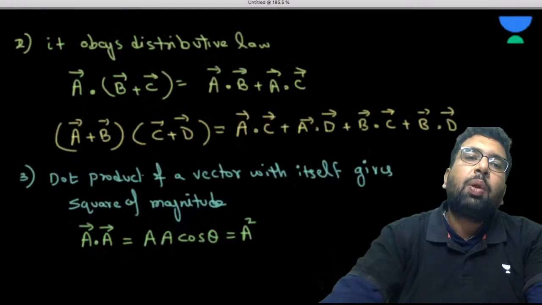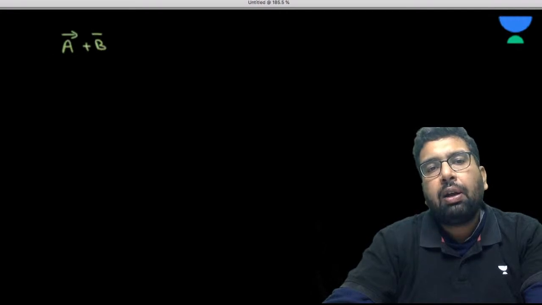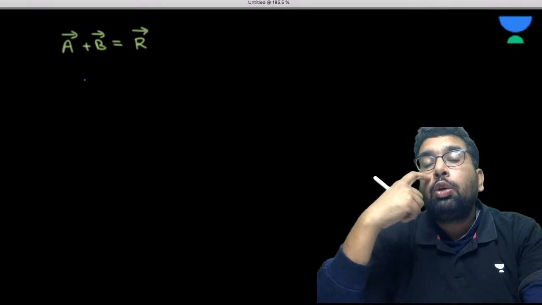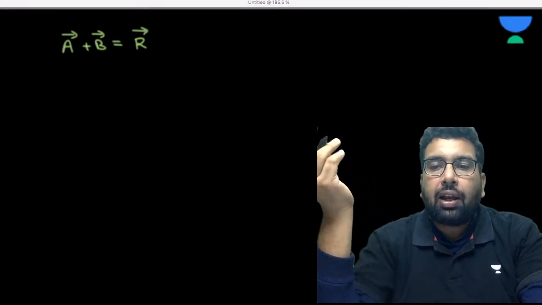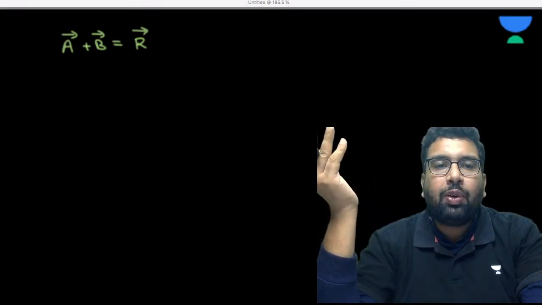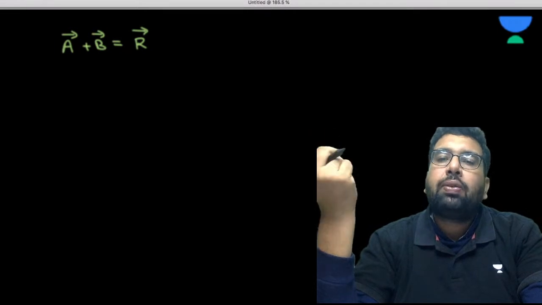Now see this property and what we have learned, the special cases; this can lead to many things. Let me give you something. If two vectors are added, A vector plus B vector, the resultant is R vector. We have the law of triangle and the law of parallelogram to get this resultant.